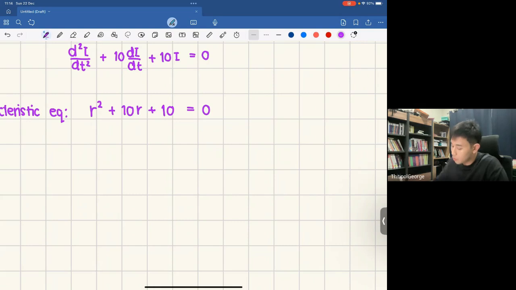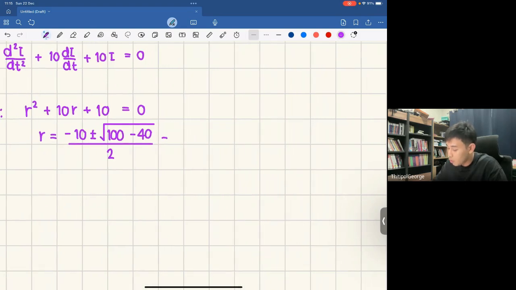We can solve for this one. Let me use the quadratic formula. So r would be negative 10 plus or minus the square root of 100 minus 40, divided by 2, since a is 2 times 1. Well, within the square root you get 60, right?